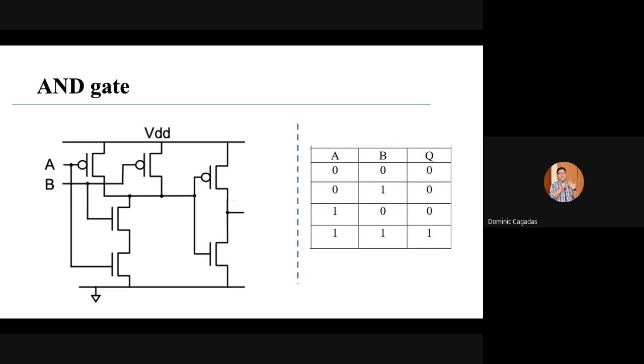But if this is low, the input of your inverter is low, so the PMOS is on and the NMOS is off. Since the PMOS is on, connected to your VDD, your output is high. Therefore, if the inputs A and B are high, your output is high. Did you understand the tracing of the AND gate?